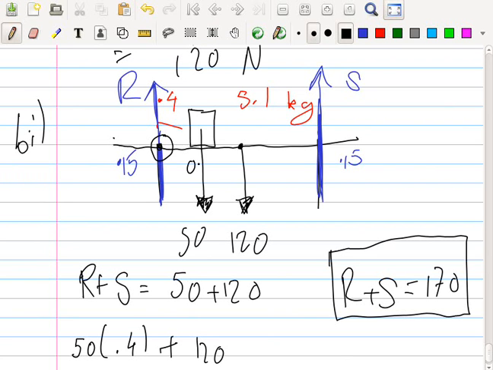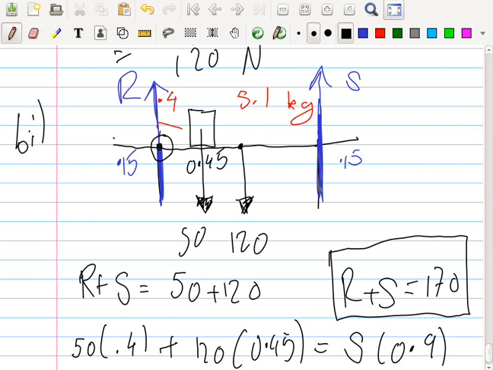So it's times 0.45. And that should equal this anti-clockwise force, which is S, and the distance is 0.9, because the whole middle piece is 0.9.